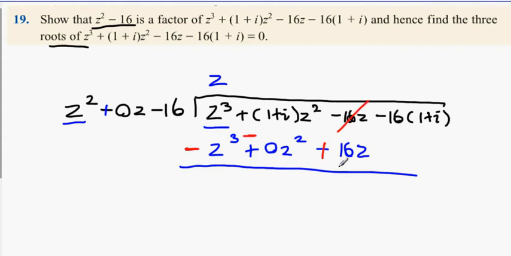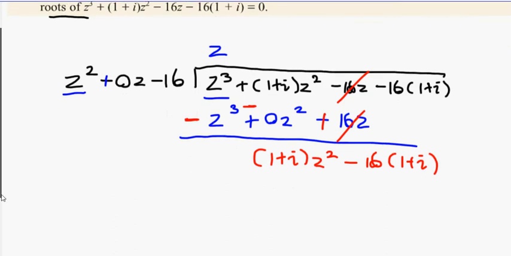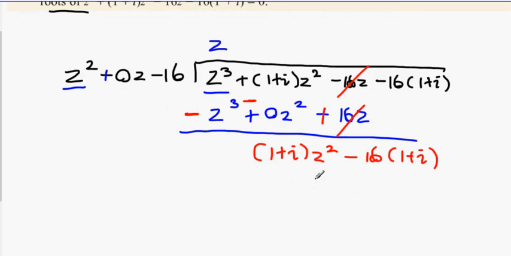The 16z's cancel, and we're left with (1 plus i) z squared minus 16(1 plus i). Now we have to find out how many times z squared divides into (1 plus i) z squared. It's (1 plus i) z squared divided by z squared, which goes plus (1 plus i).